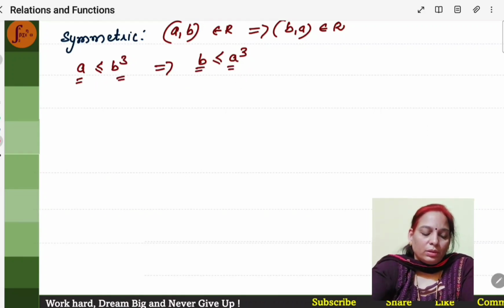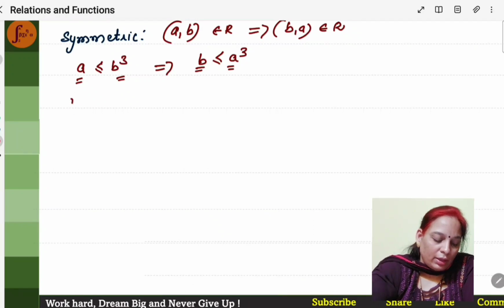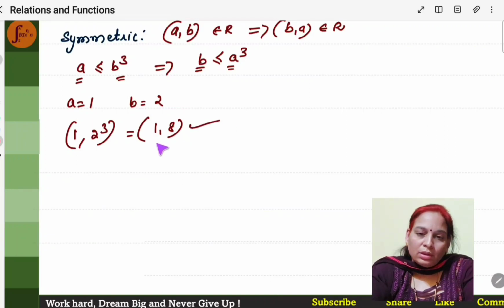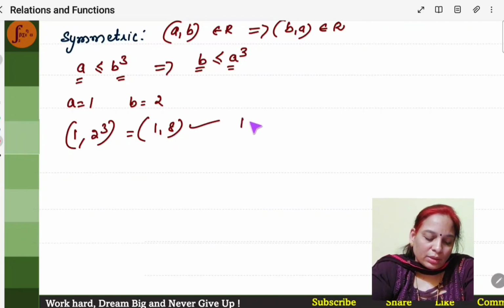Now let's take an example and verify. Let's take A as 1 and B as 2. Simple example. If I take A as 1 and B as 2, this combination would be 1 and B cube, that is 2 cube, which is 1 and 8. This satisfies the condition because 1 is less than or equal to 8. This is fine.